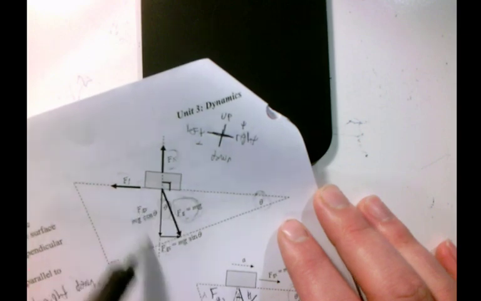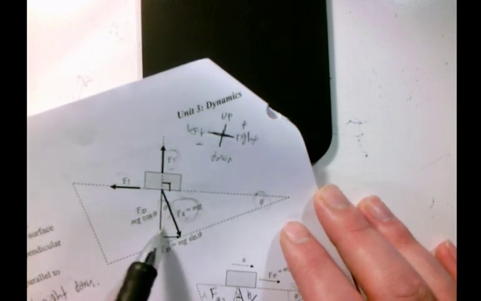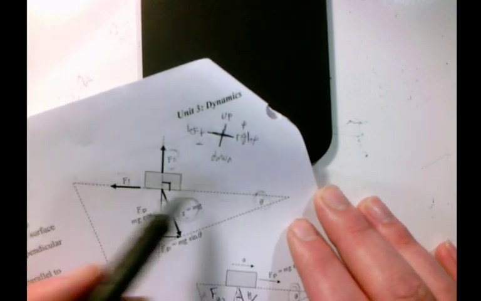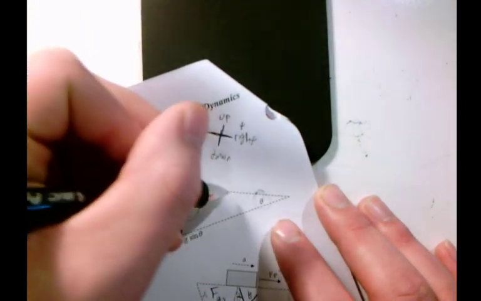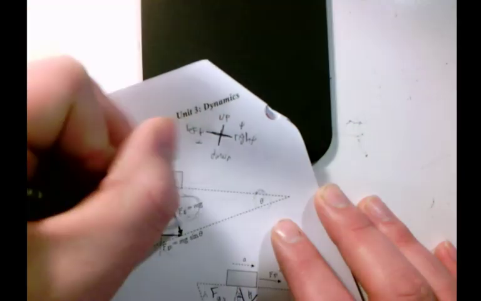And if you look at the relative size of all of these, this triangle is just a shrunken down version of this bigger triangle, where the hypotenuse would be here.